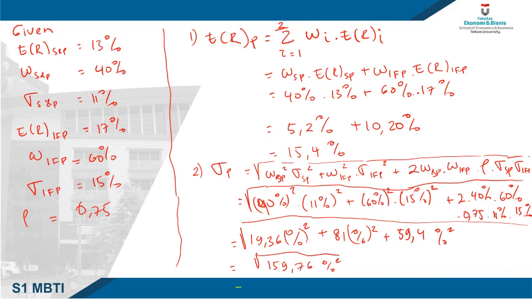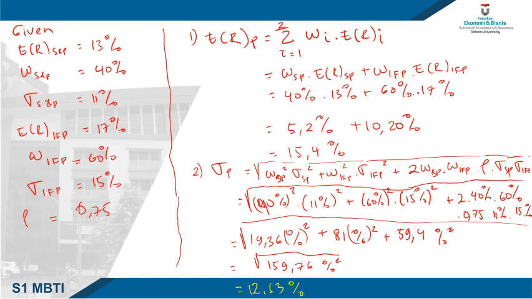Then I let the percent squared as a percent, out from the square root. Are you following me? The square root of percent squared is percent, right? Then the square root of 159.76 is 12.63.